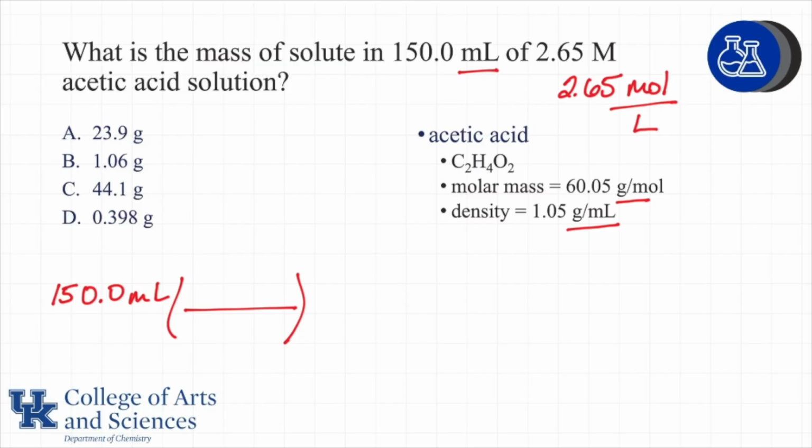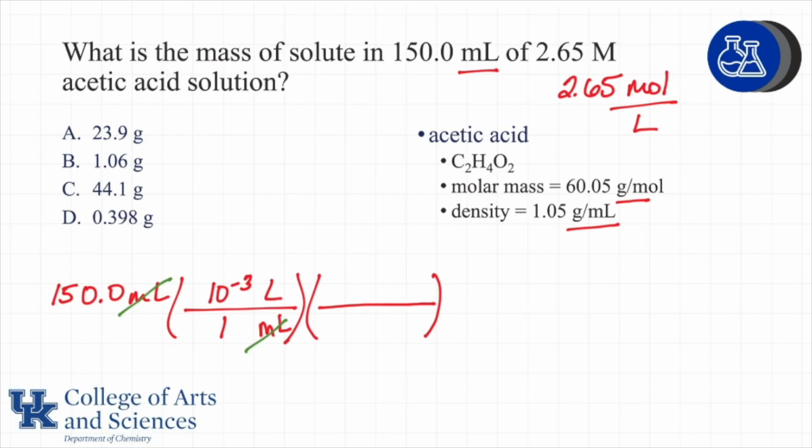You may see that we have the density of 1.05 grams per milliliter, which also has milliliters in it. But that gets us to grams of the solution, not grams of my solute. The density is for the solution. I put milliliters on the bottom and liters on top, and put in my 1 with the prefix and the meaning with the base. Cancel out milliliters.